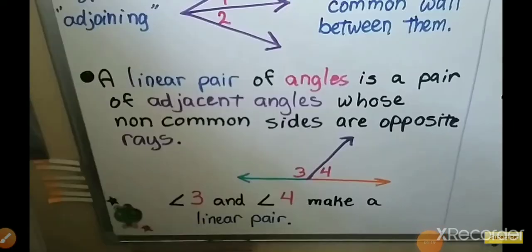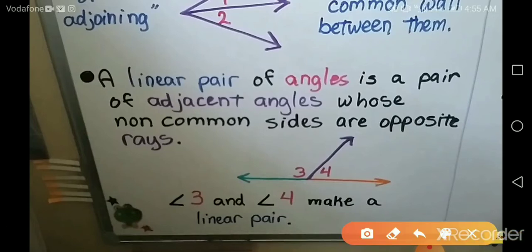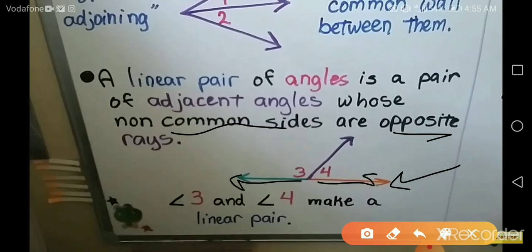Okay, dear students, moving to the linear pair of angles. A linear pair of angles is a pair of adjacent angles whose non-common sides are opposite rays. What are the non-common sides? In this diagram, the non-common sides are the green one and the orange one.